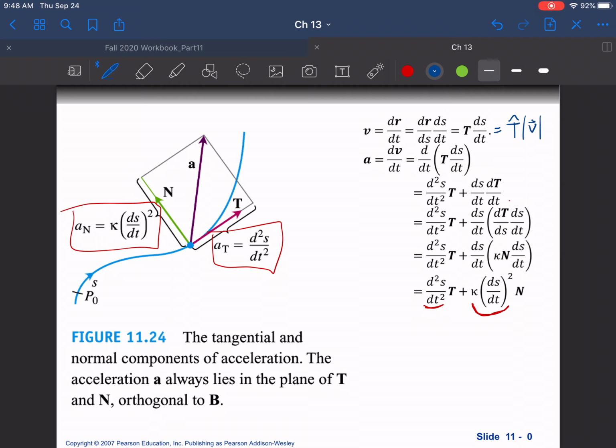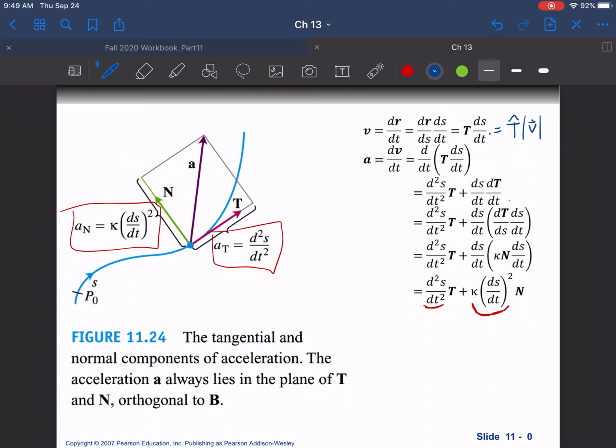That should make sense because velocity is a speed in the direction that it is pointed. The unit tangent points in the direction it's going, and the speed tells us how quickly it's going in that direction. Just those two multiplied together gives us our velocity vector.